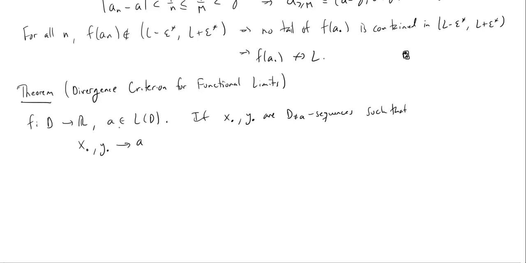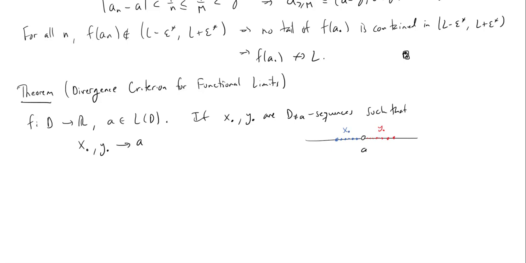So we have two different sequences approaching a. Maybe you have a here, which may not be in D, and I approach it one time maybe from the left, and another time maybe from the right. Maybe this was my y dot, and over here this was my x dot. But they're both converging to a.